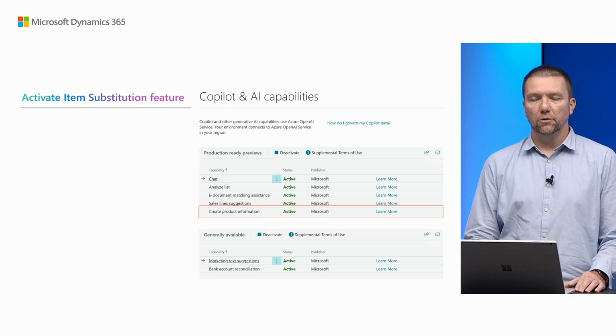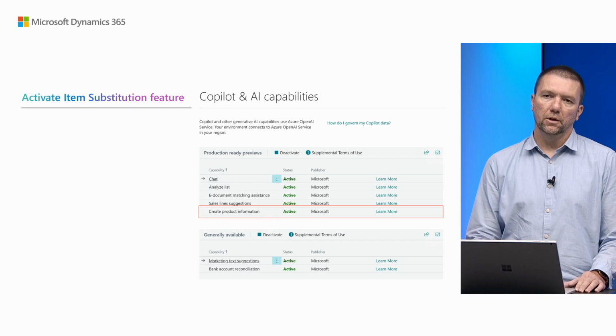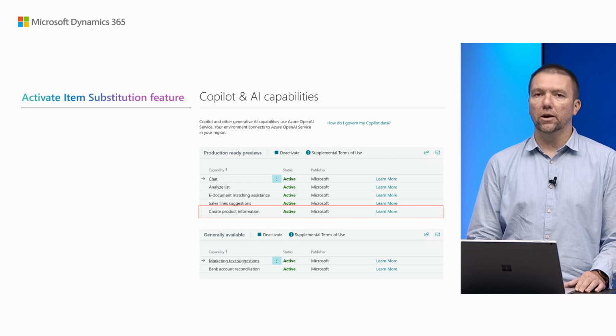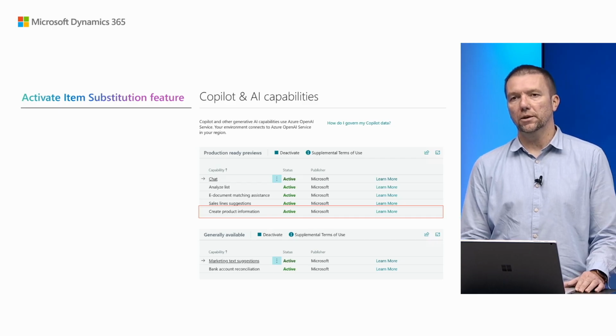The initial idea was to deliver a bit more functionality around item substitution, not only item substitution. However, due to a very strict and diligent process of verifying the feature against responsible AI standards, we had to postpone one piece of this functionality for the future.